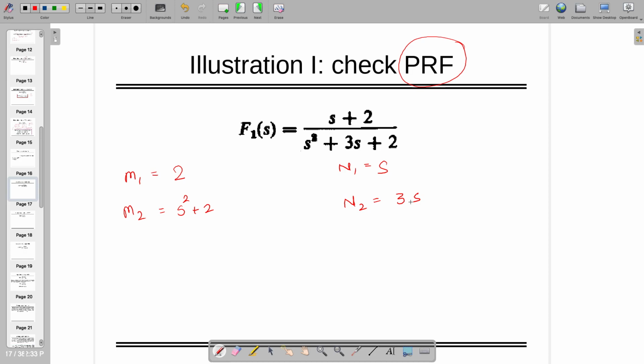So can you find out m1 m2 minus n1 n2 at s equal to j omega?